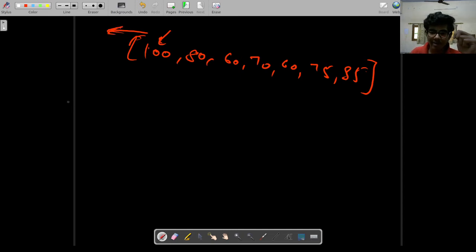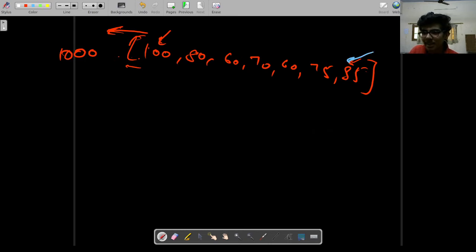If I get a value that is greater than this value, for example, let me tell you, before 100 I have something, let's say 1000 is present, and all of these values before this are going to be less than 100. So for example, if I take this 85, what will happen?